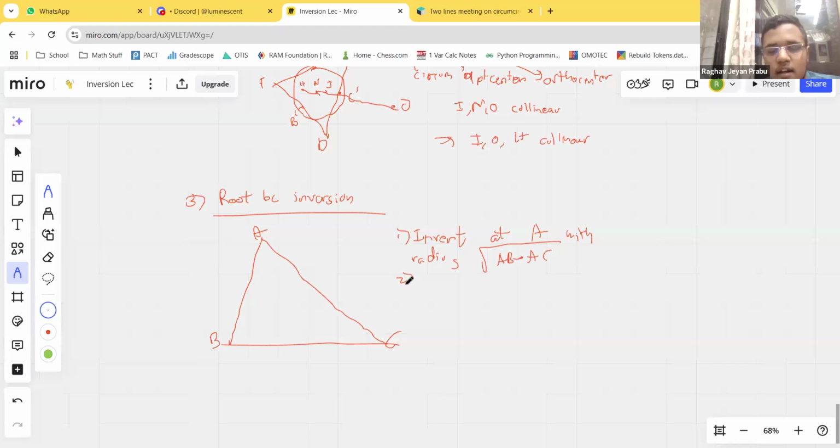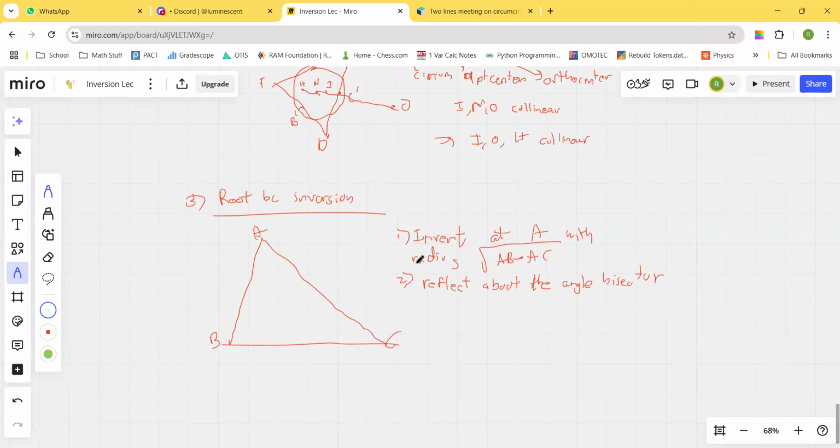This is the first step. And second step, I reflect about the angle bisector. Does everyone understand what we are doing?